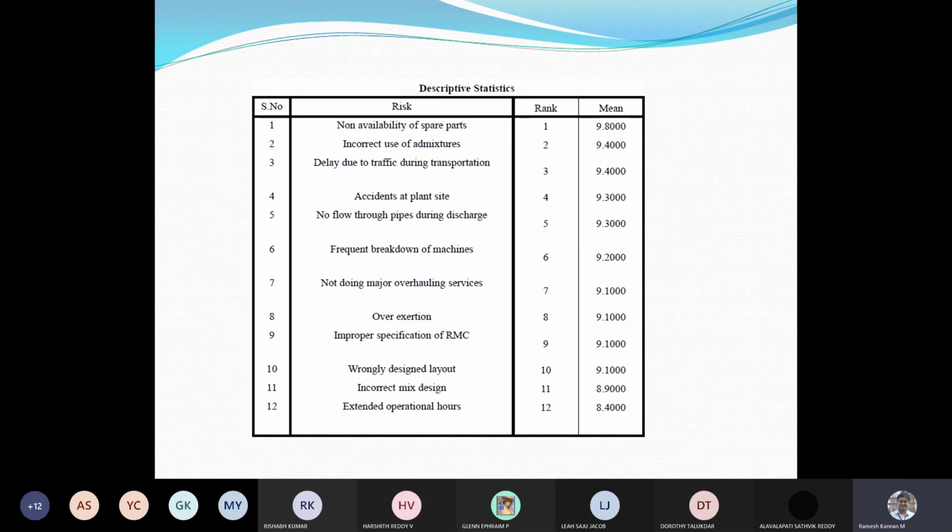So if I'm a researcher, or a person working in an RMC responsible for the risk, then I'll inform the spare parts team or the stationary team to always keep the spare parts ready and to check at the end of every day, so that the next day they don't have this rank number one risk. And I'll talk to the quality control team and ask them to check every batch, because it's their role to check and certify whether the concrete they produce is quality or within the standards, something like that.